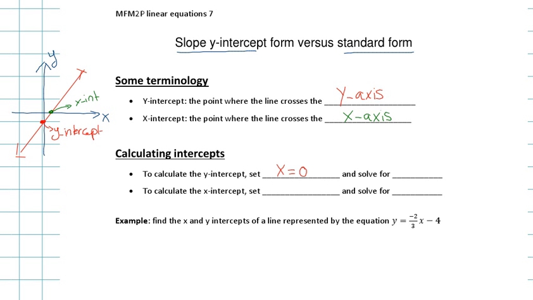So you plug in 0 for x and solve for y. Anytime I'm looking for the y-intercept, I set x to 0. Now if I'm calculating the x-intercept, I set y to 0 and solve for x.